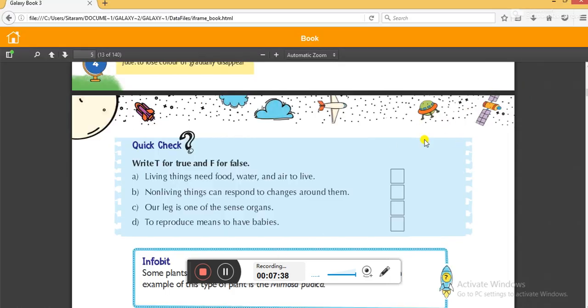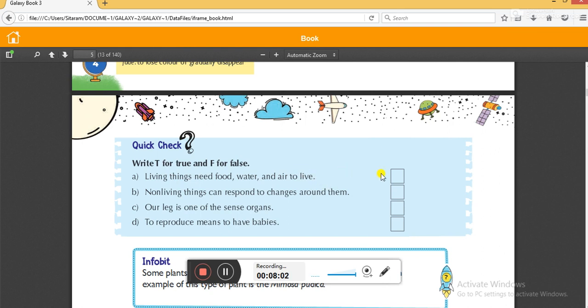Today you try to do this quick check. Write T for true and F for false statements. What does it ask you? Living things need food, water and air to live. Do living things need food, water and air to live?